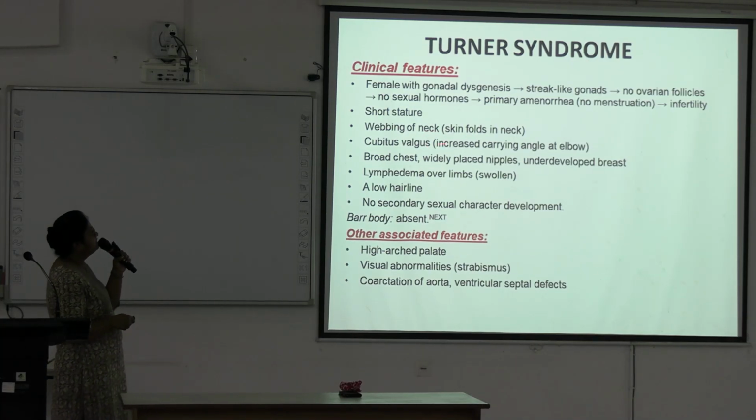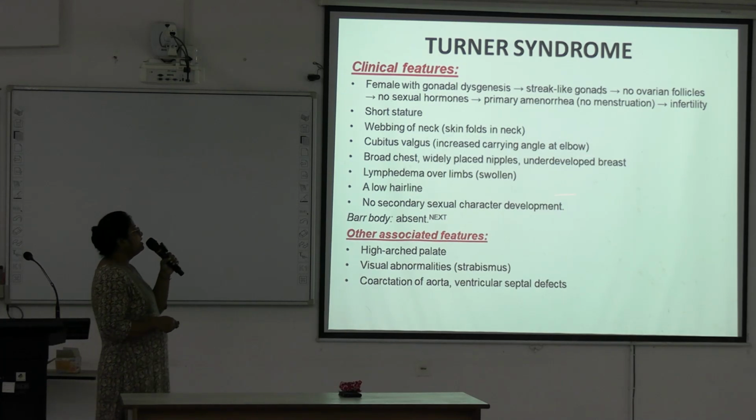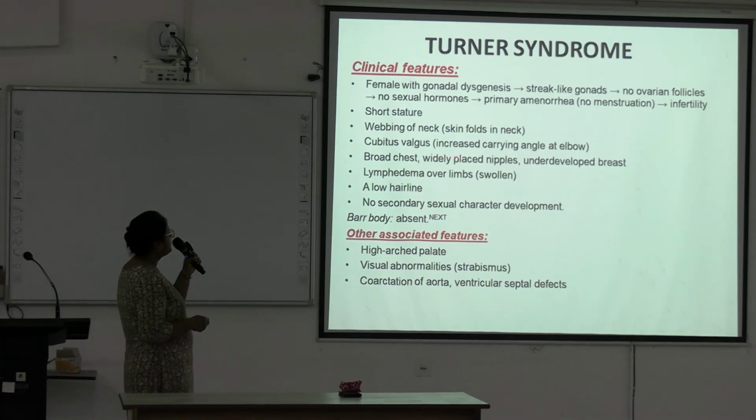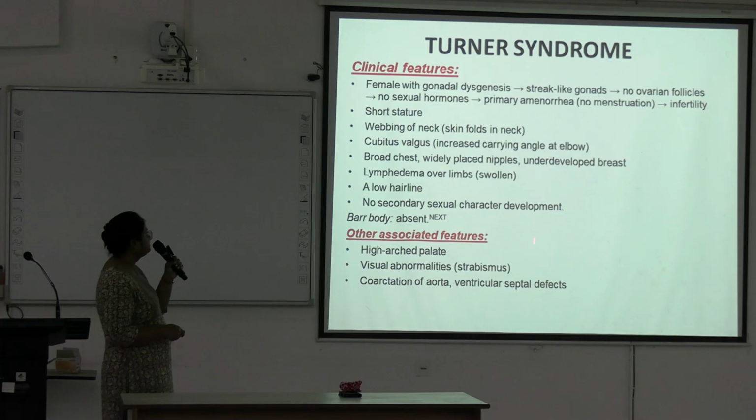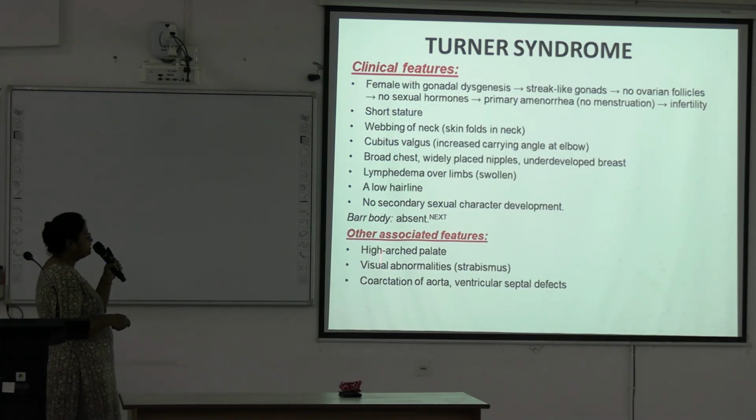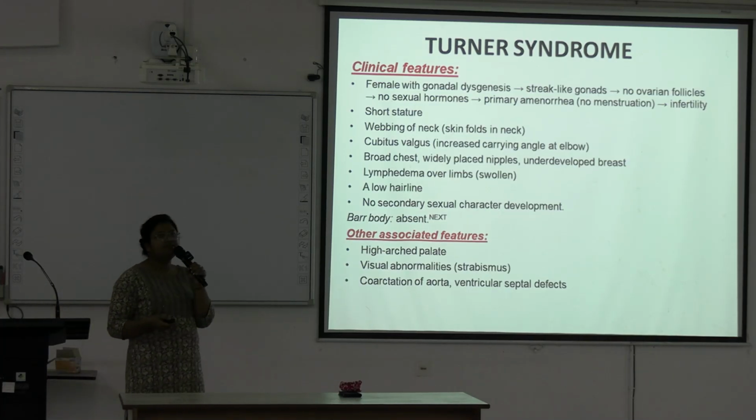Cubitus valgus means increased carrying angle at the elbow. There will be a broad chest, widely placed nipples, underdeveloped breasts. Lymphedema over the limbs, swollen limbs, a low hairline, and no secondary sexual character development. Barr body is absent because there is no extra X chromosome.